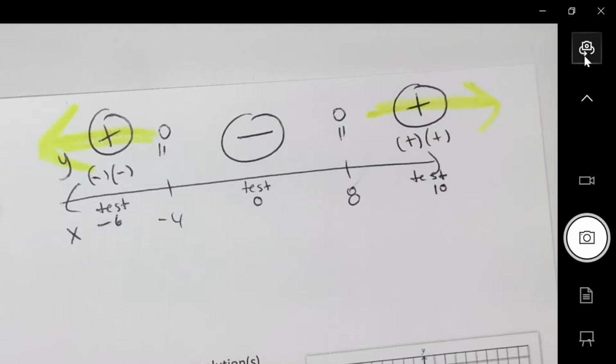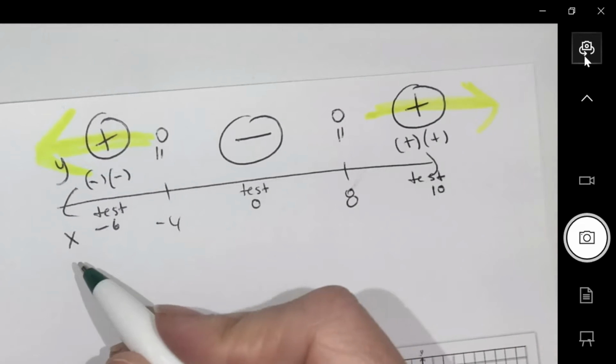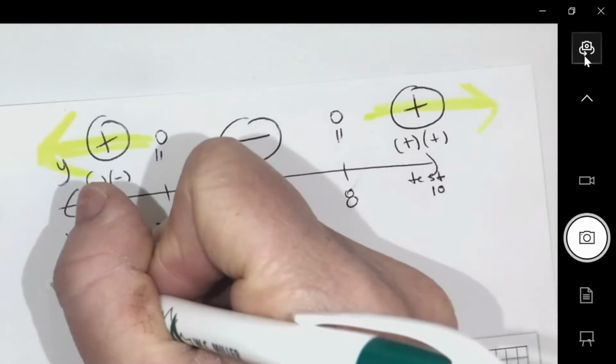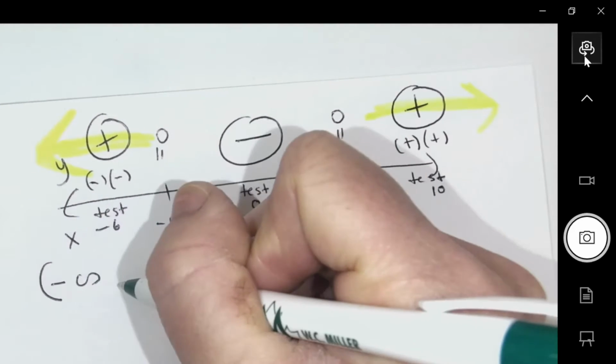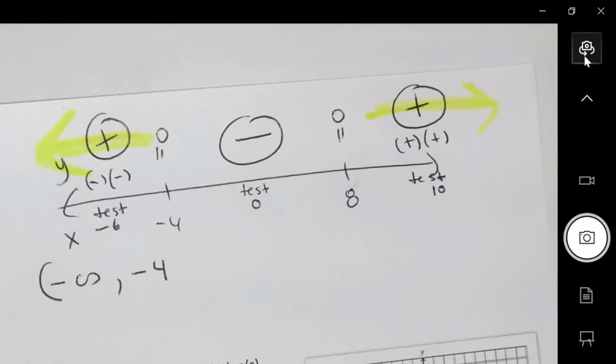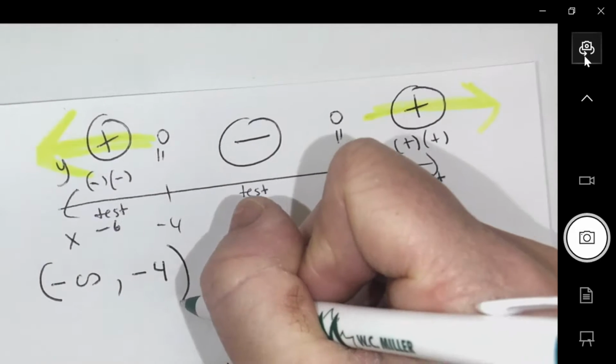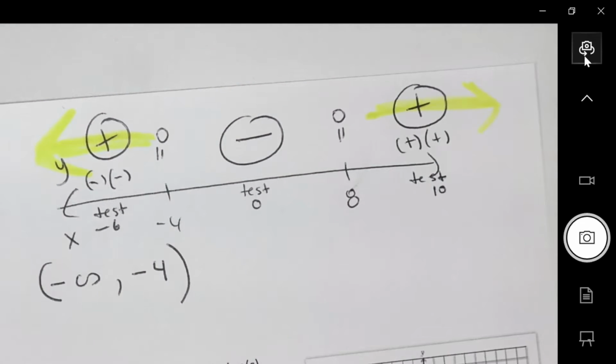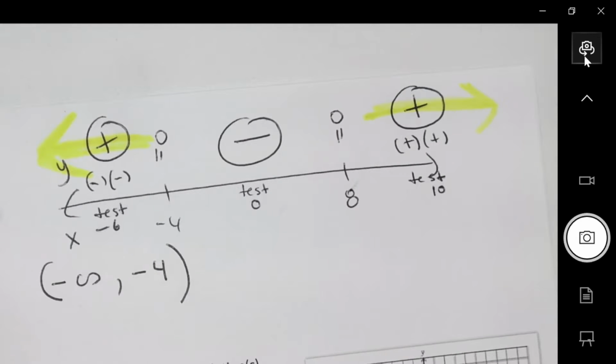So when I look at that as a domain, how do I write it as a domain? So from left, we're going from negative infinity up to negative 4 with what kind of bracket on this one? Soft, because why? I can't be equal to 0.